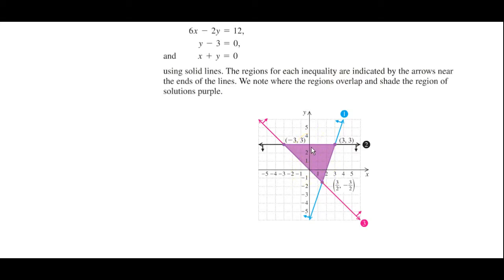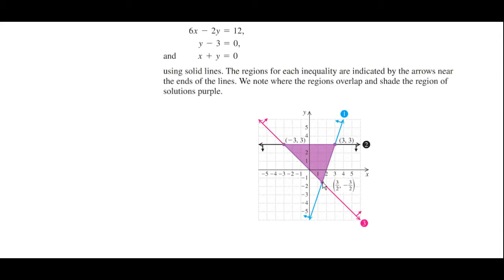Now, this is rather tedious because in this case, the vertices are on the grid line. And if you're graphing this carefully, you can actually pick them out. But here, the vertices are not on the grid line. So what are you looking for?